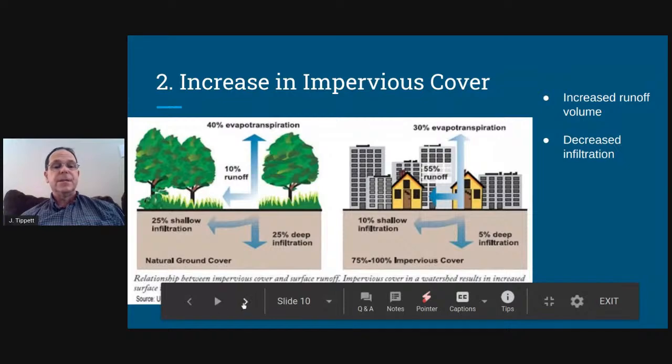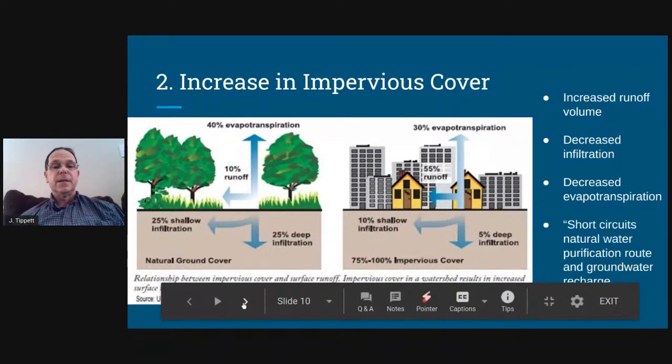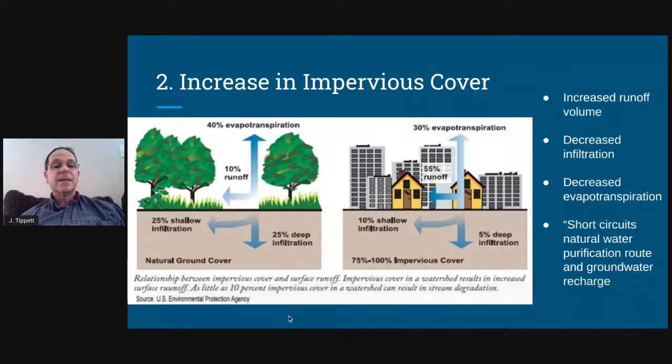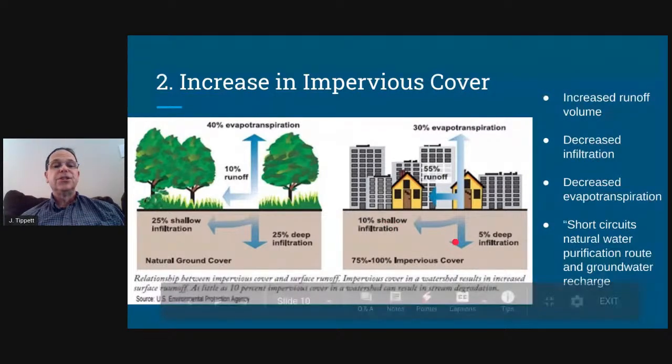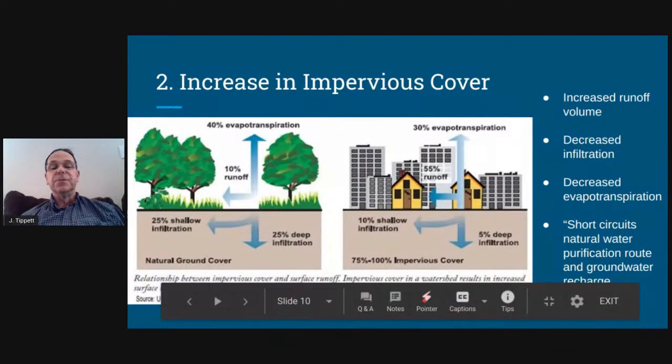Decreased infiltration, I mentioned that. Decreased evapotranspiration, I mentioned that. And the other is that because the water's not going through the soil anywhere near as much, it's short-circuiting the natural purification route.